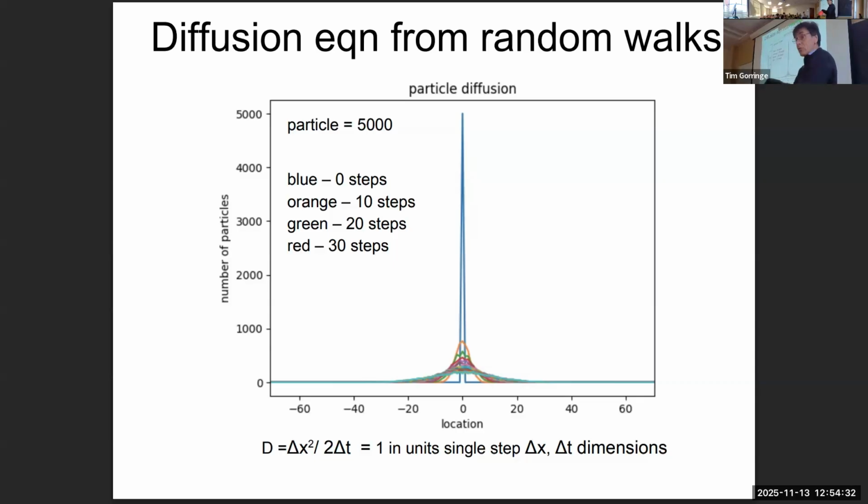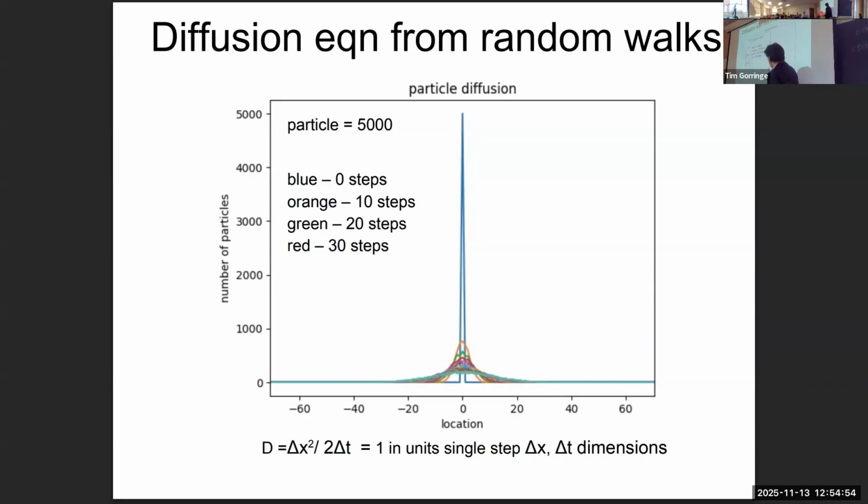Here I just imagined this one-dimensional problem of particles diffusing in space. I ran with 5,000 particles starting at the origin and plotted the position of all the individual particles, or the distribution of the particles, as a function of the number of steps in their random walk.